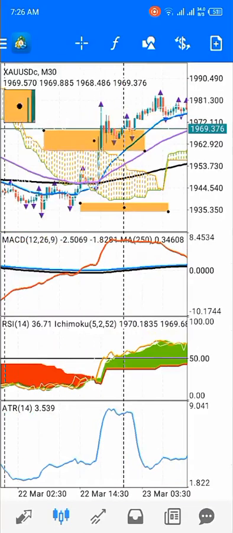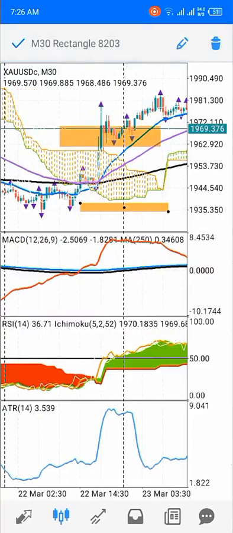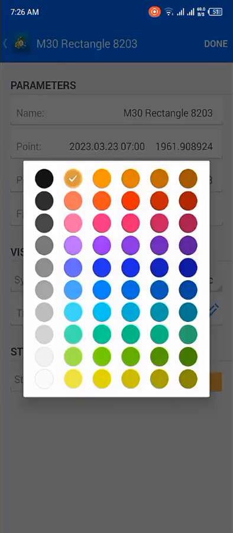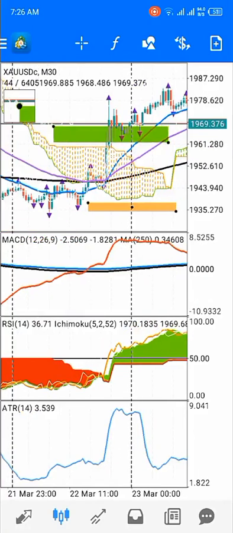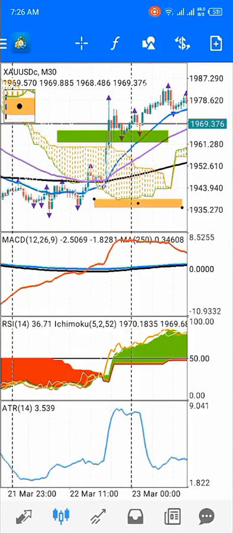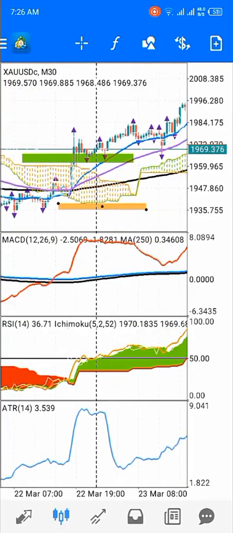And if your stop loss is at that point, the trade entry will be at that particular point where we have the green shape.